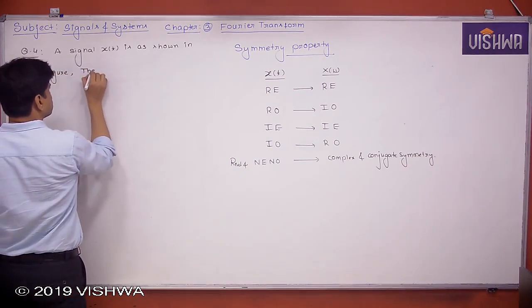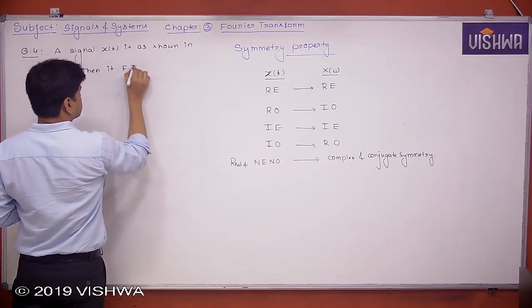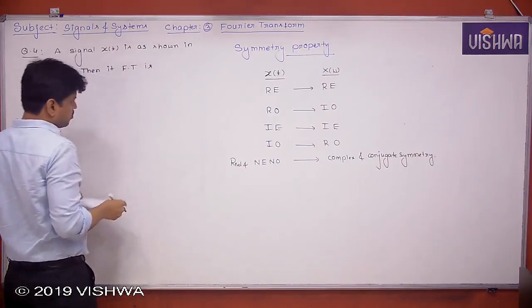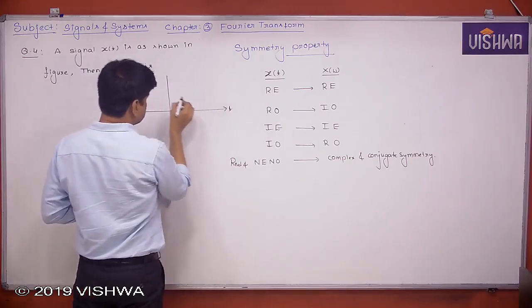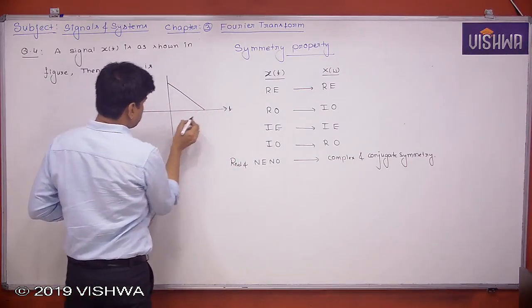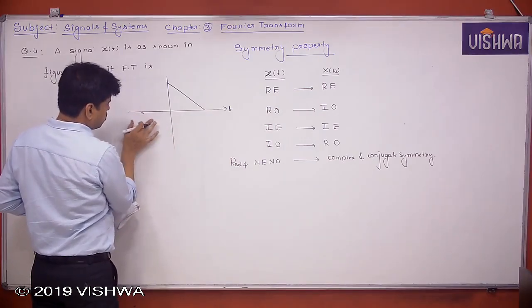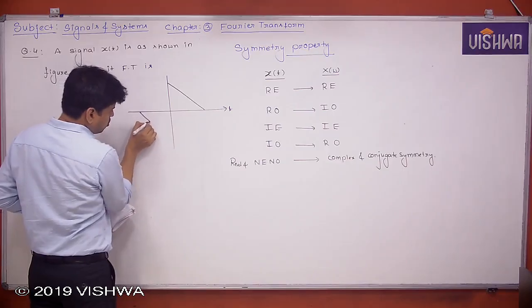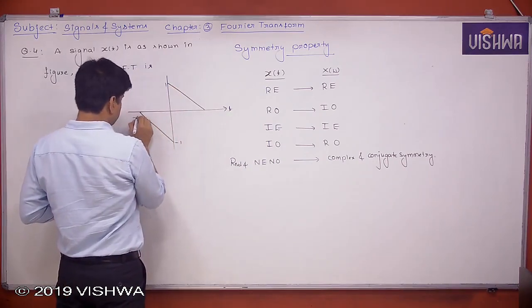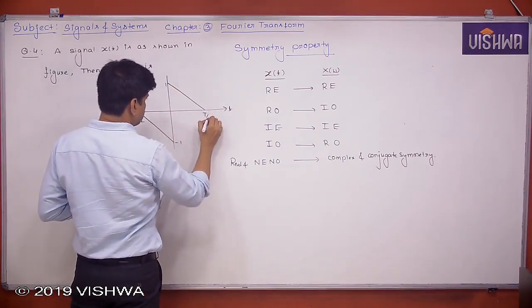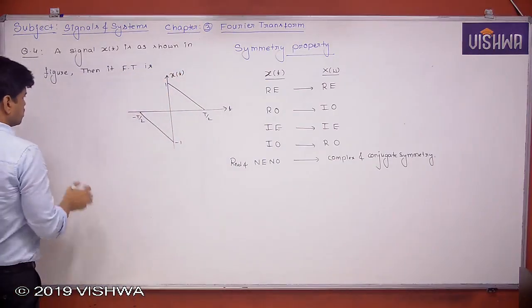Then its Fourier transform is... this is what x of t is shown.